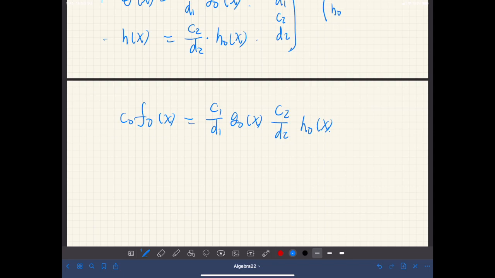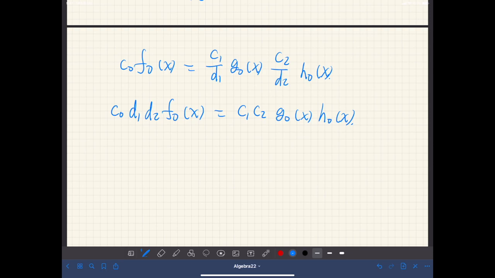So multiplying both sides by d1 and d2, we have c0 d1 d2 f0 of x equals c1 c2 g0 of x h0 of x.